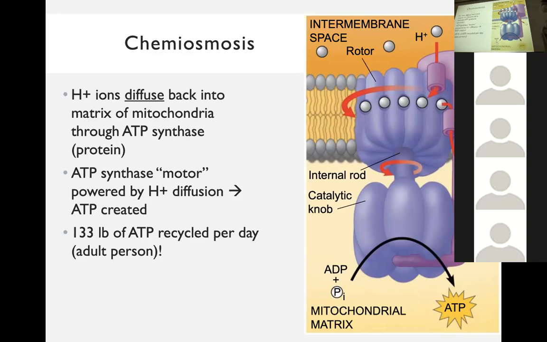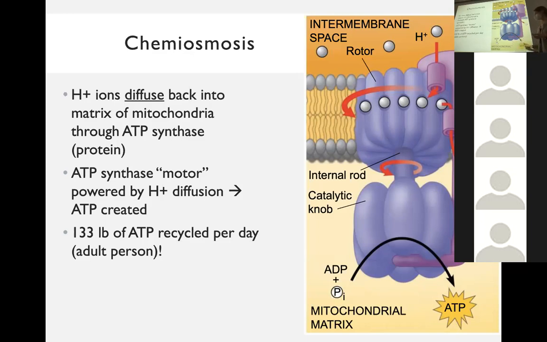If we look at one adult person, this is a rough estimate, depends obviously on what size this adult person is, but 133 pounds of ATP are basically recycled this way every single day. So about the weight of many adult people.